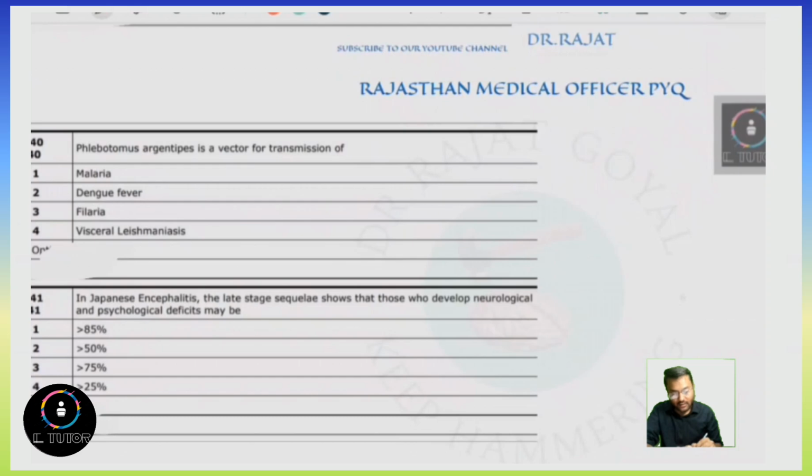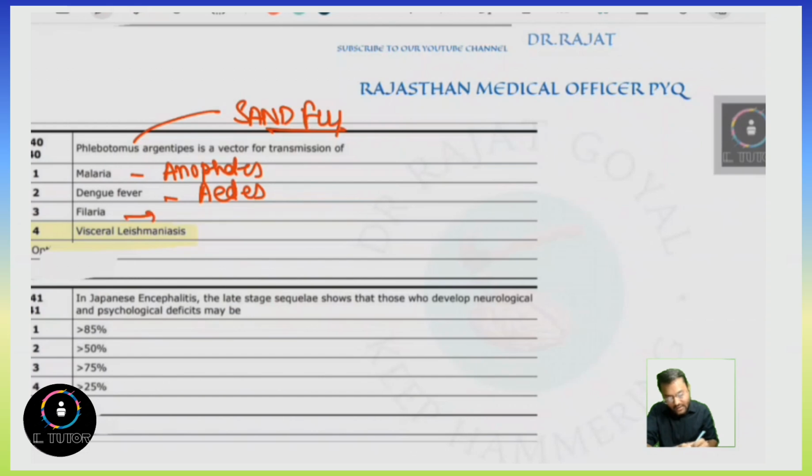Phlebotomus is a vector for transmission of... Phlebotomus is also known as sandfly, and it is a vector for visceral leishmaniasis. So the answer here will be option number 4, visceral leishmaniasis. If we talk about malaria, the vector is Anopheles. For dengue, it is Aedes.